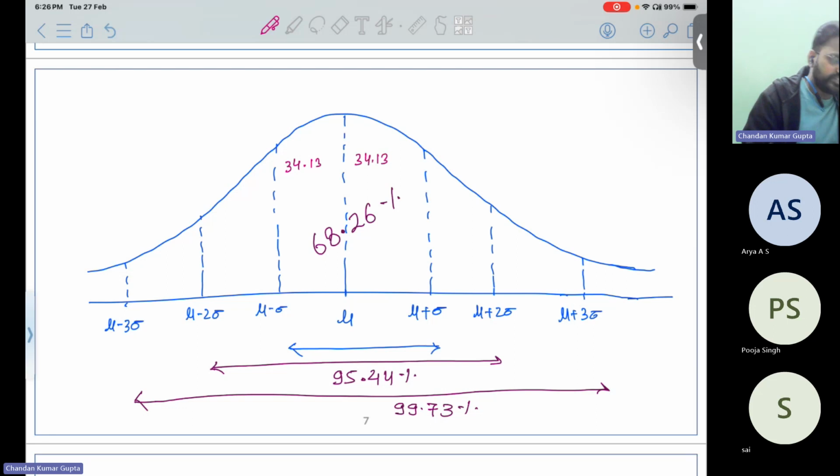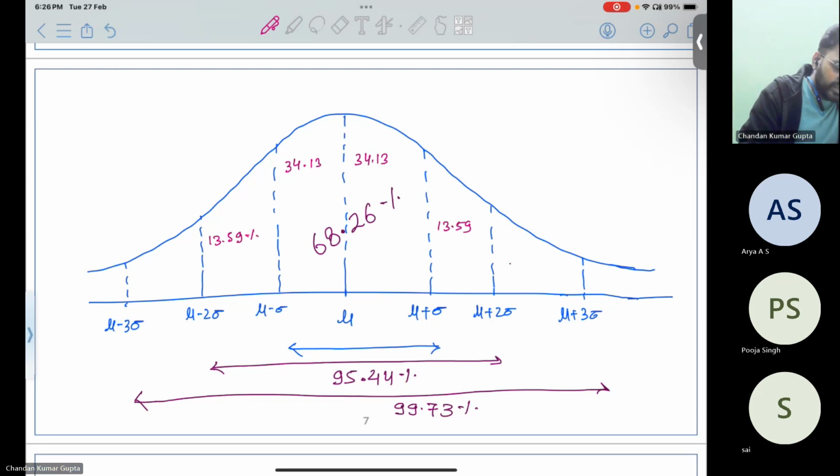Similarly, 34.13% lies within this. Around 13.59% lies within mu plus sigma to mu plus 2 sigma, and it is the same for mu minus 2 sigma to mu minus sigma.